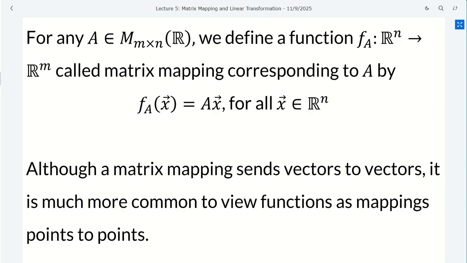All right. So for any matrix of size m by n, we define a function from this dimension to this dimension. So what do we call it? We call it matrix mapping. We are mapping from one dimension to another, from one space to another. What are we using to do the mapping?